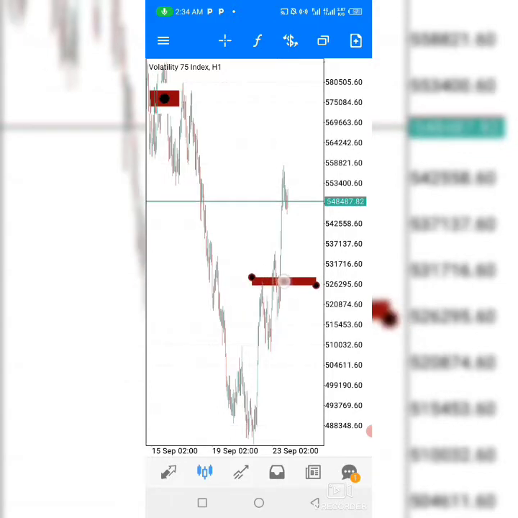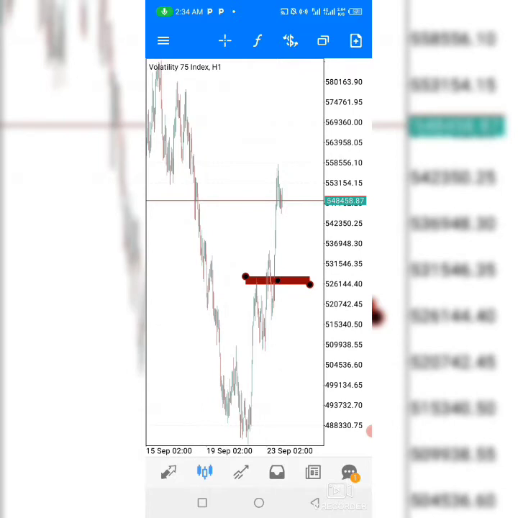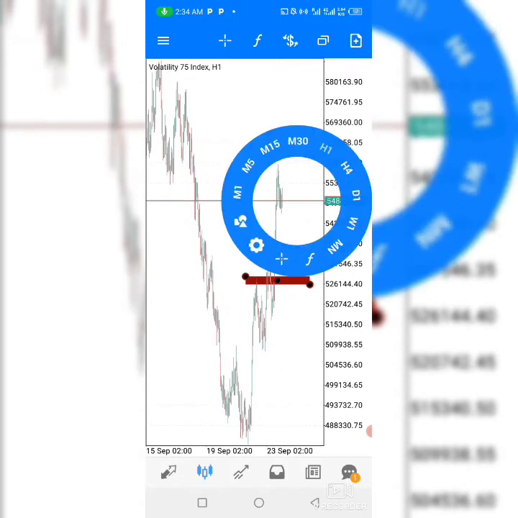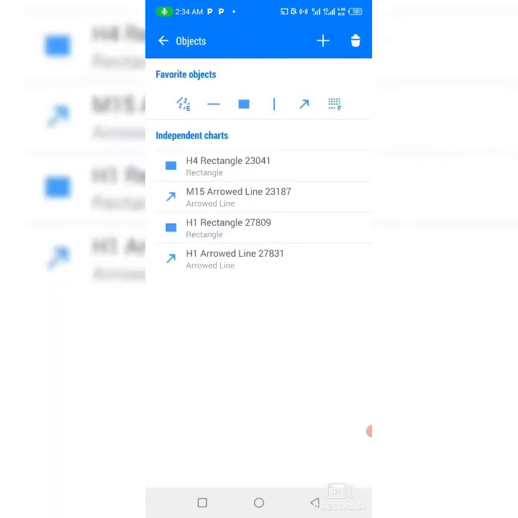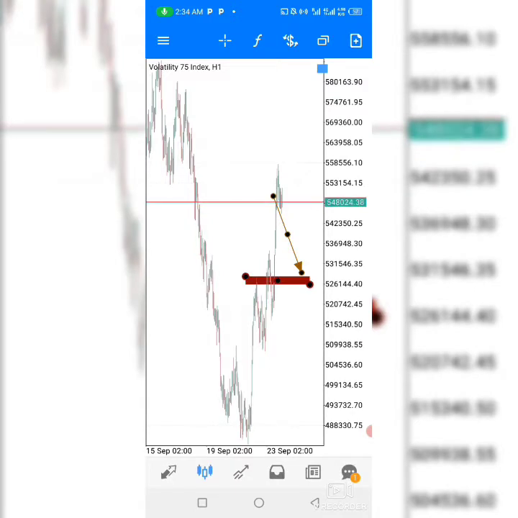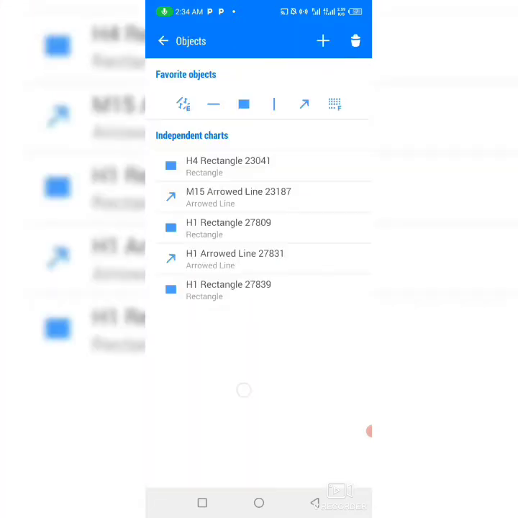This level was broken, so we expect price to come here and possibly, if price is coming here, we have to do a second test to see if it will come to this level. We don't just enter. We have to do more confirmation if it will react to this level, and then it will do what?